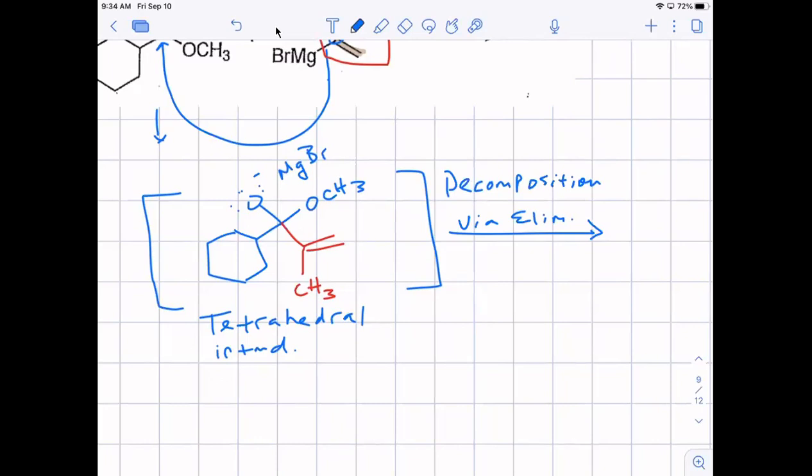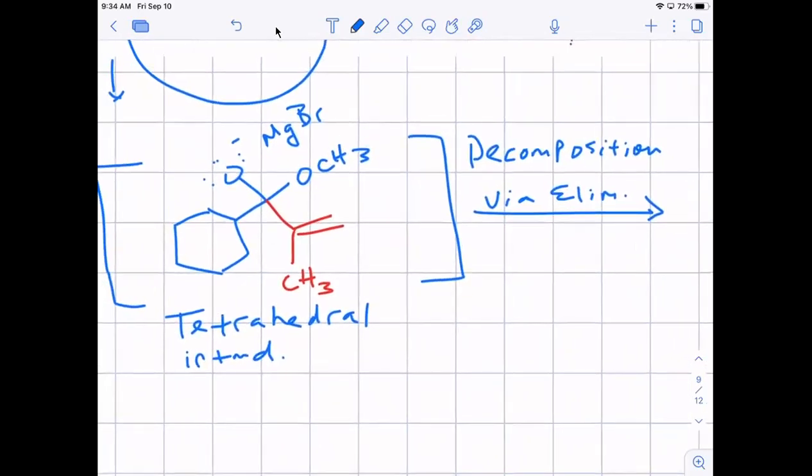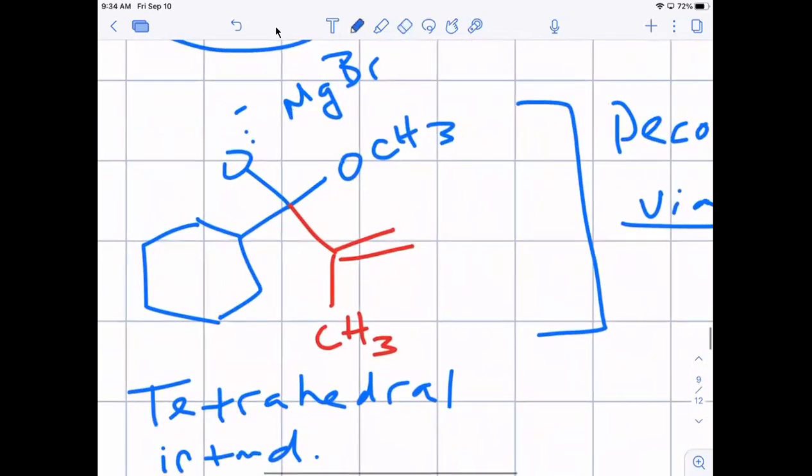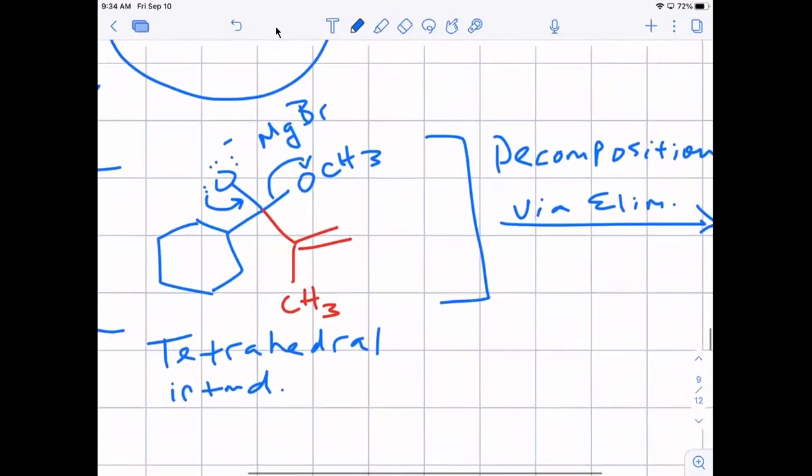So what happens is when you get to this stage, you decompose through elimination. And I need to fix those lone pairs. So this is coming here like that. And I'm going to kick off the methoxy group. Right, so that's an elimination.